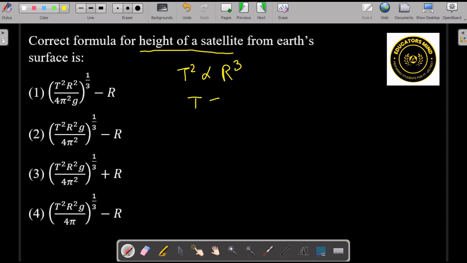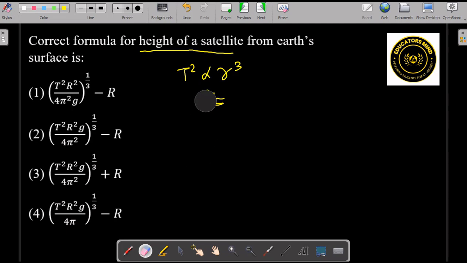And this radius is of course the orbit radius. When you remove this proportionality, what do you get? If you remember this formula, you can use it.